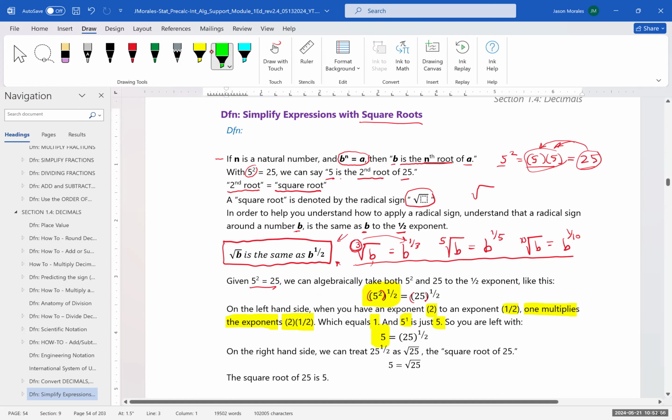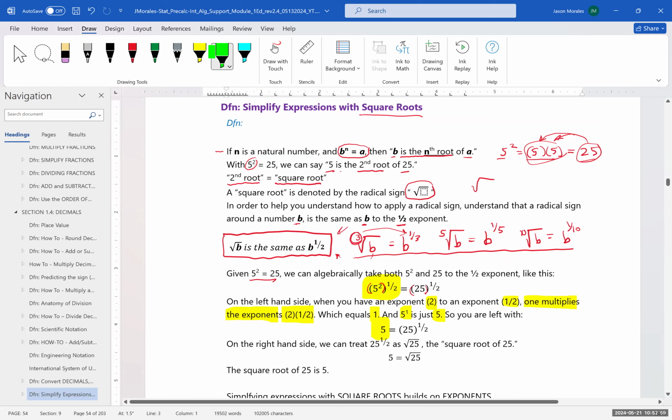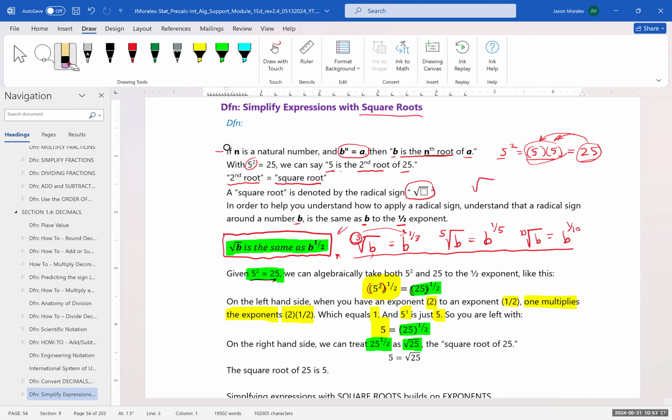On the right-hand side, it's just going to be 25 to the 1/2 power, like that. And so on the right-hand side, we can treat 25 to the 1/2 power as the square root of 25. And so now we can write this earlier equivalence, 5 squared equals 25.